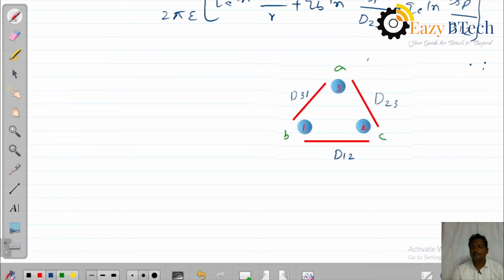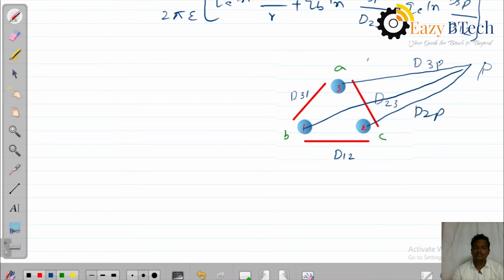Assume a point P is far away from the conductors. The A to P distance is D3P now. C to P distance is D2P. And B to P distance is now D1P.